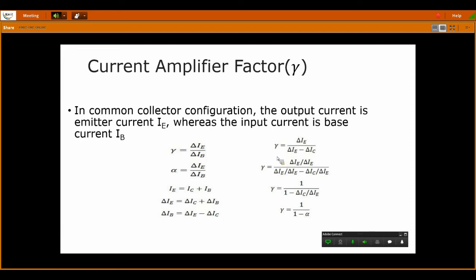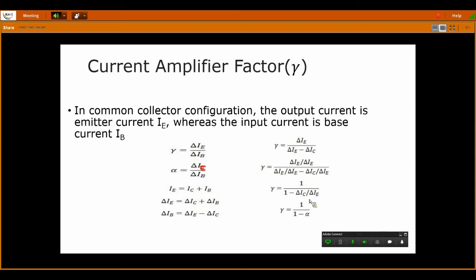So gamma is equal to delta IE divided by delta IB, and I replaced IB with delta IE minus delta IC. Sorry, it is IC, not IE. So gamma is delta IE divided by delta IE minus delta IC. Let us divide the numerator and denominator by delta IE. Then delta IE divided by delta IE will give a numerical 1, and in the denominator we get 1 minus delta IC divided by delta IE.